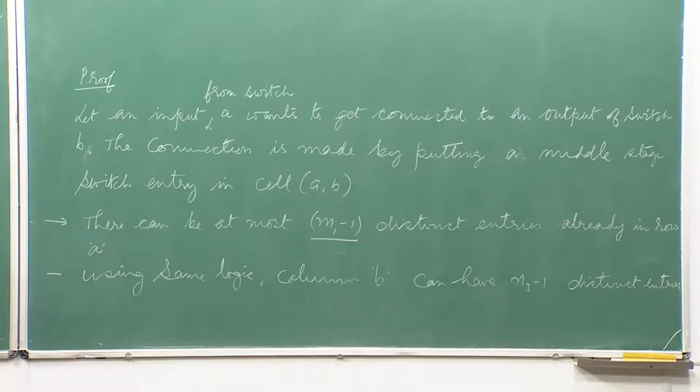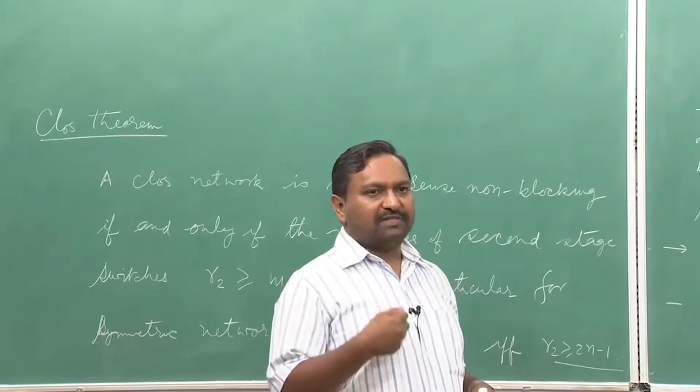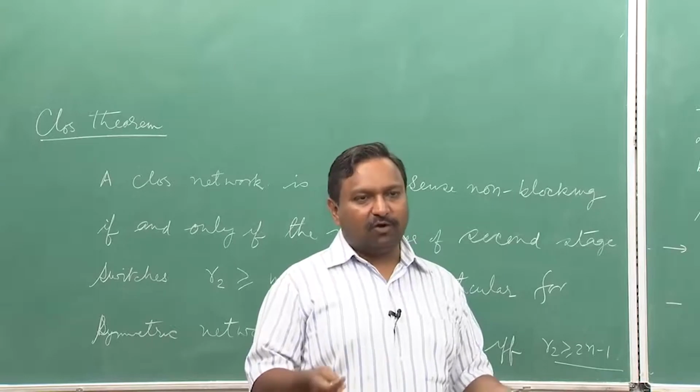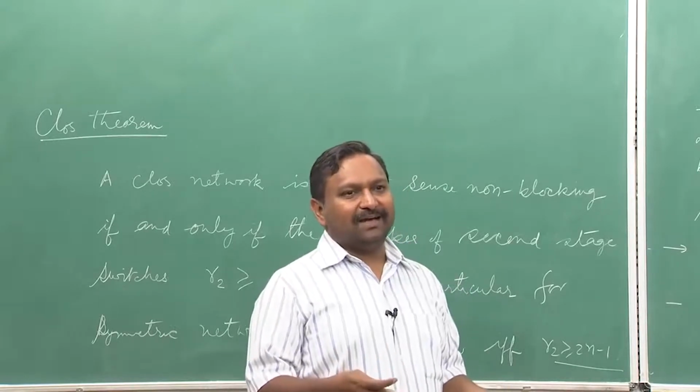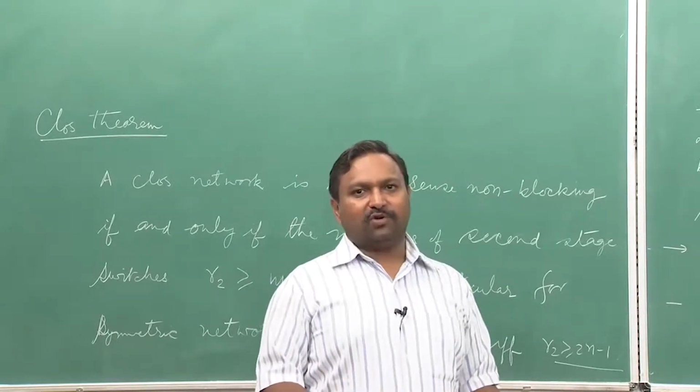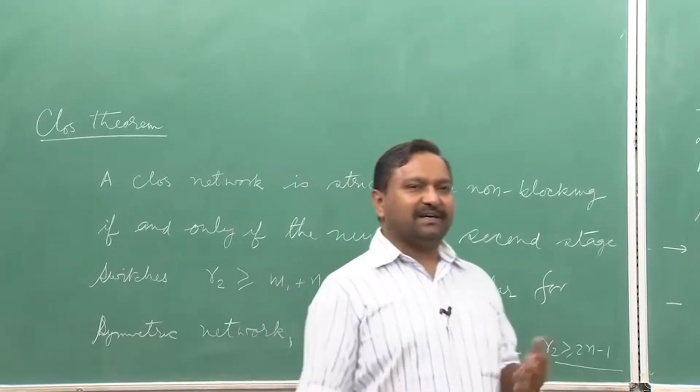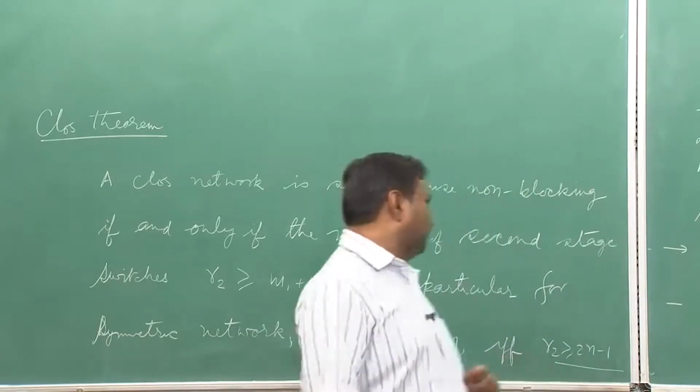So, same logic holds true here. Because there is one output port which is free at switch B, only N3 minus 1 other output ports in worst case are already connected. So, corresponding to each one of those, it is a point to point connection, there will be N3 minus 1 distinct entries in the column itself.